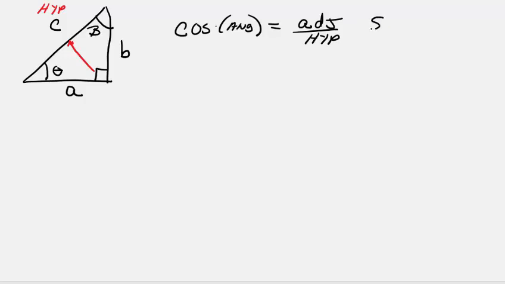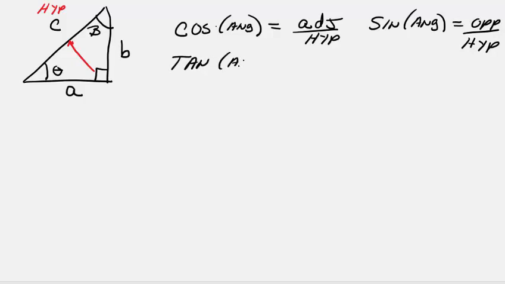And the sine of any angle is going to equal the opposite over the hypotenuse. And then the tangent of an angle is equal to the opposite over the adjacent.